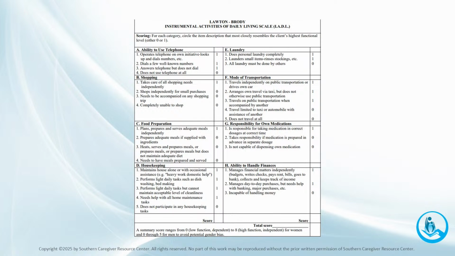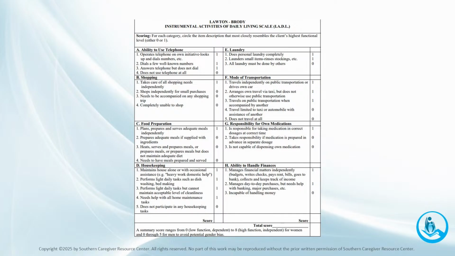Basically, there are 8 domains, as you see here, and they measure the function with the scale that you see here as well. So people are scored on all 8 areas of function. As you see here, for example, it says ability to use the telephone, operates telephone on own initiative, looks up and dials numbers, etc. So they get a score of 1.